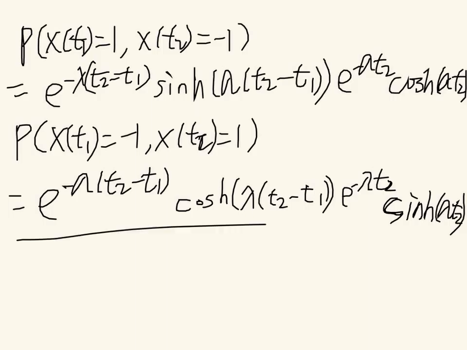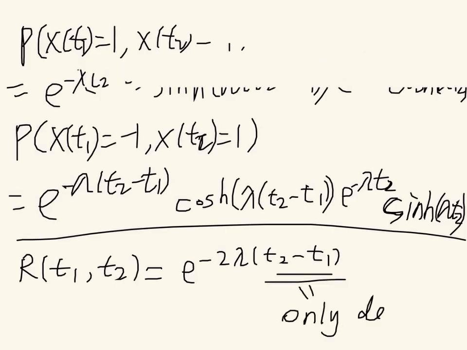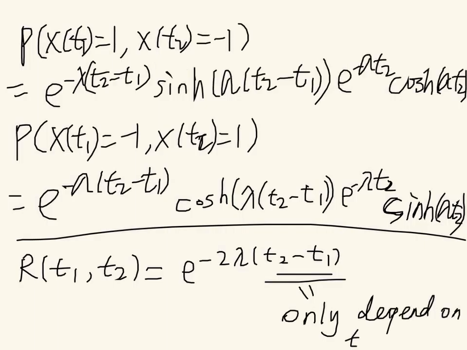So in total we have the autocorrelation of t1 and t2 equal to e to the minus 2 lambda (t2 minus t1). We can see this only depends on t2 minus t1.